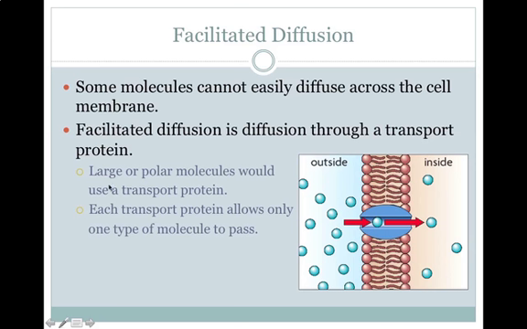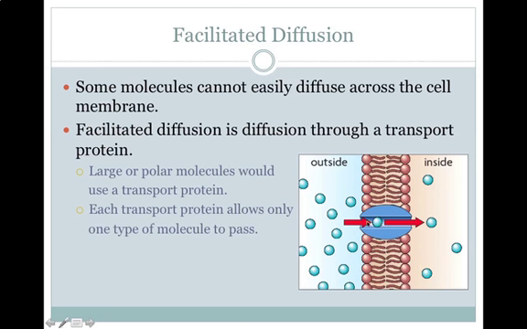So if we have a large or a polar molecule, it's going to have to use another mechanism. And in this case, we're going to look at a transport protein. This blue structure here is just a protein that's embedded in the cell membrane. It's stuck in here, and it's basically acting like a doorway. It allows a specific molecule to pass through the protein, so it doesn't have to touch these fatty acid tails at all.